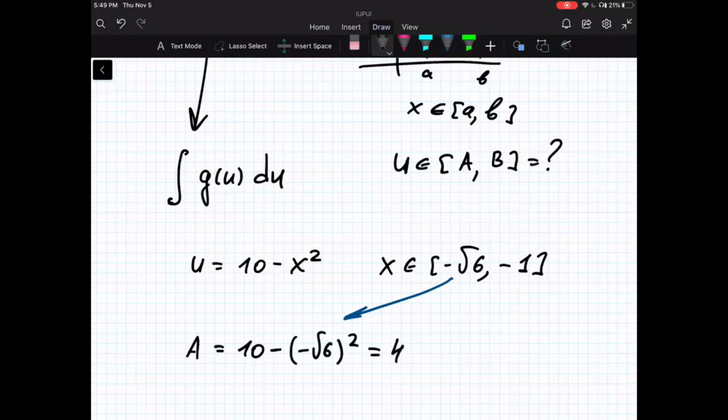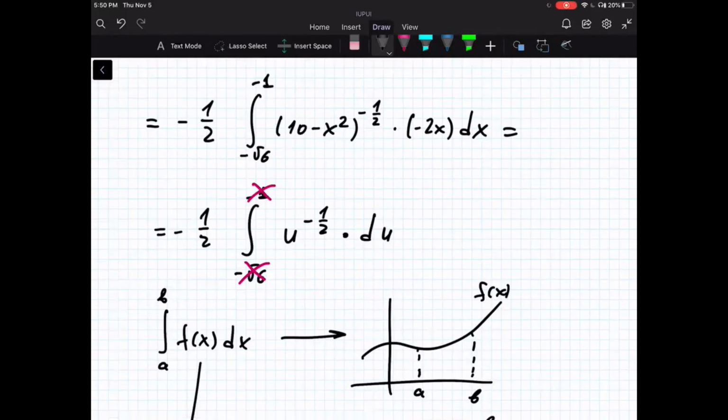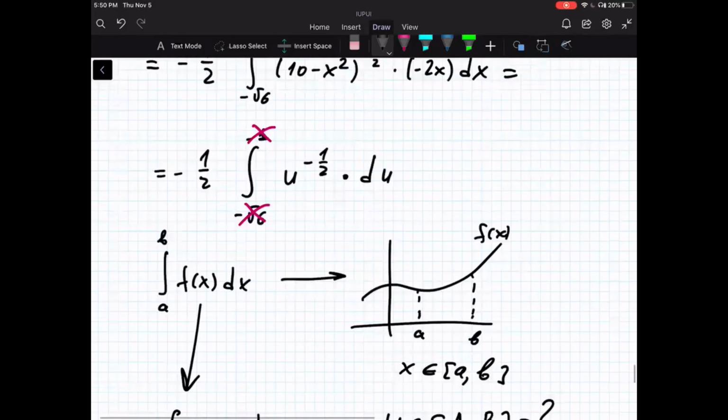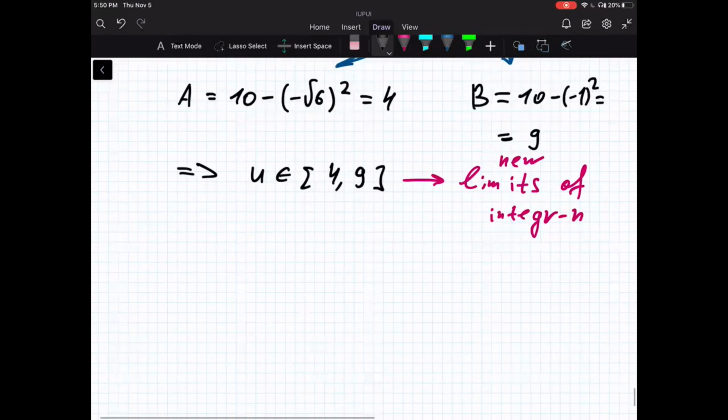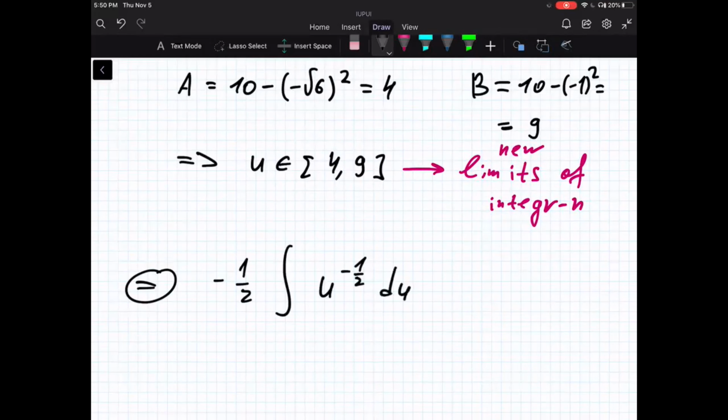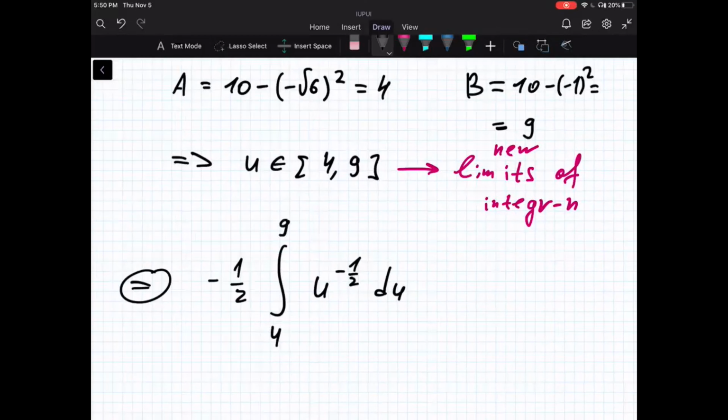And so I can come back to my integral. So I get minus 1/2 u to the power minus 1/2 du. And the limits now are 4 and 9.